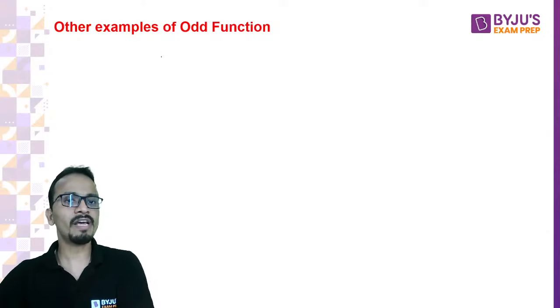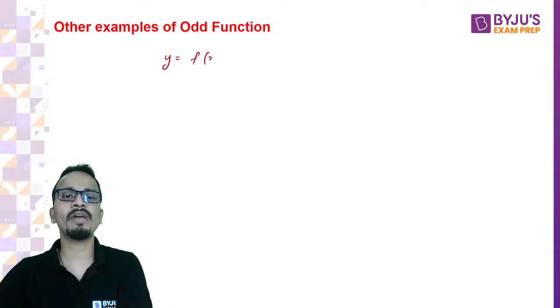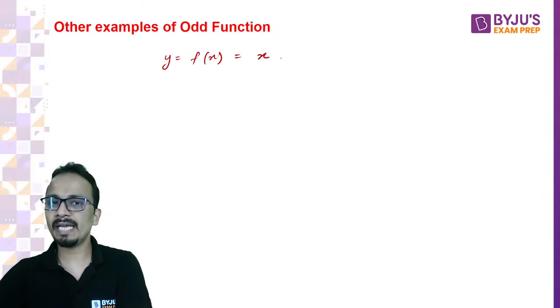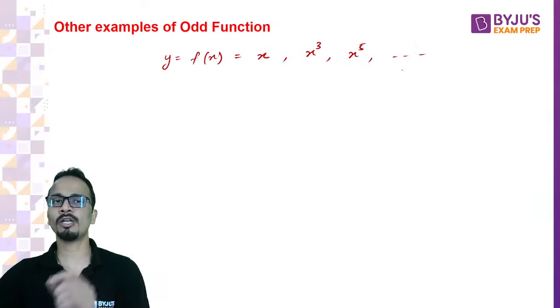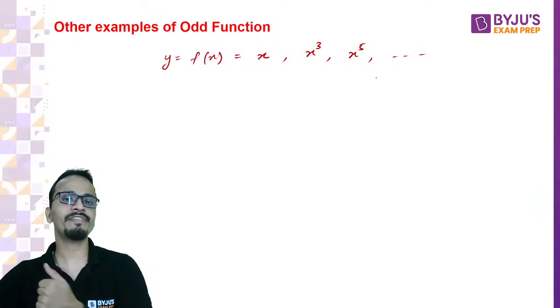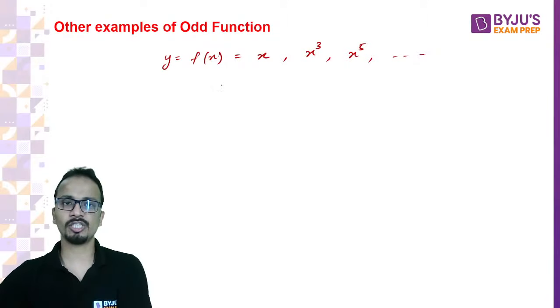If I look at other examples of odd functions, you can say that y equal to f of x equals x is an odd function. x cube will be an odd function, x raised to the power 5 will be an odd function, and so on. Any odd power of x will give you an odd function.